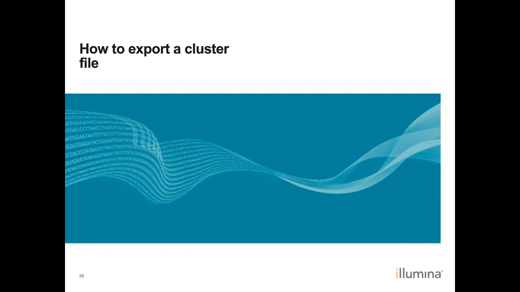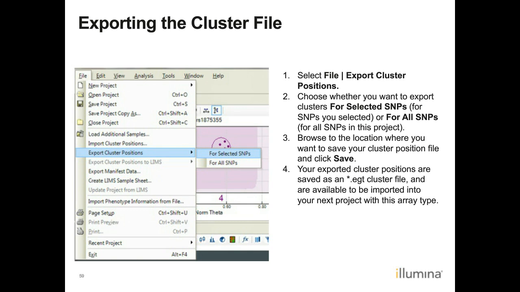Very simple. With your project open, go to File, select Export Cluster Positions, and you have the option of exporting the cluster positions for only a subset of the SNPs in your project, or for all SNPs in your project. Generally, you'll want to export the entire set of SNPs.